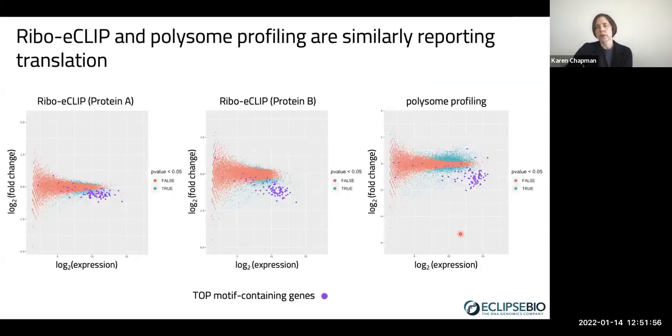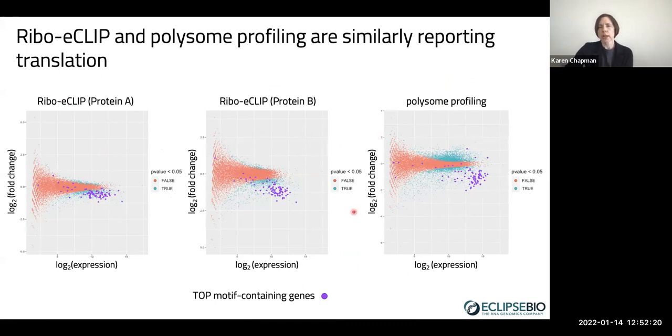And we've compared RiboE-CLIP to traditional polysome profiling, which again requires that sucrose gradient and fractionation, a really challenging technical endeavor. Versus RiboE-CLIP, where we've clipped multiple proteins from the ribosome and get equivalent data.